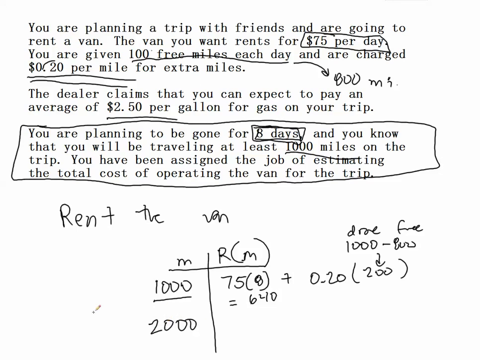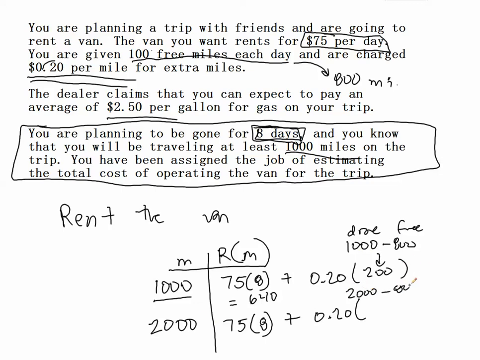So 2,000 miles, what's that going to cost me? It's going to cost me the $75 per day for each of the 8 days, plus 20 cents for each of the miles that I drove over the 800. I drove a total of 2,000 miles.